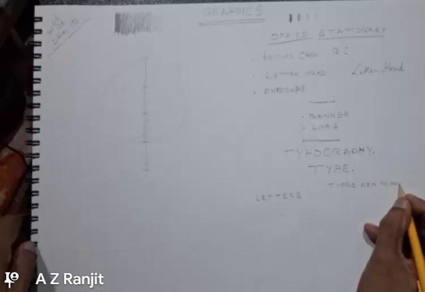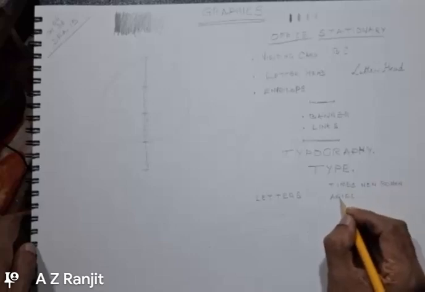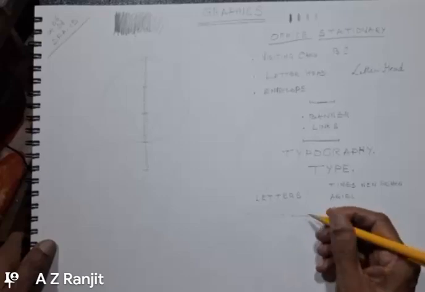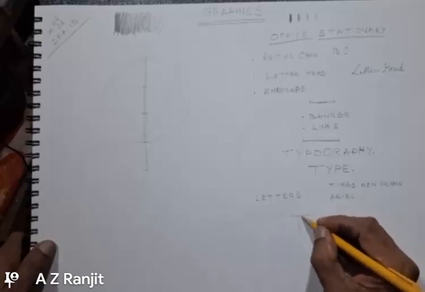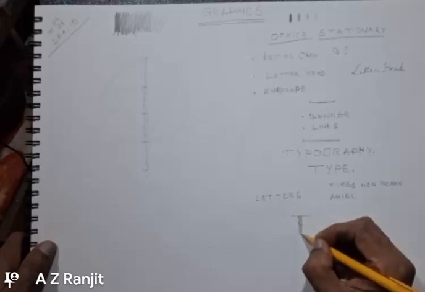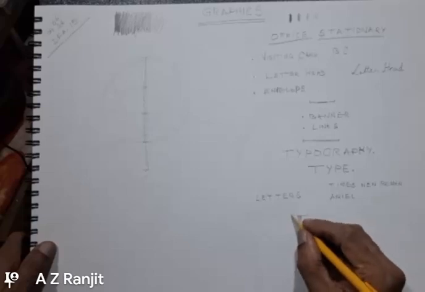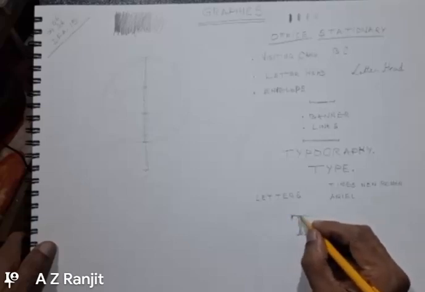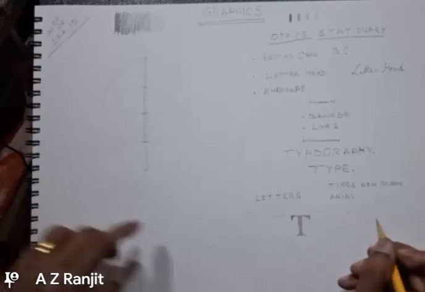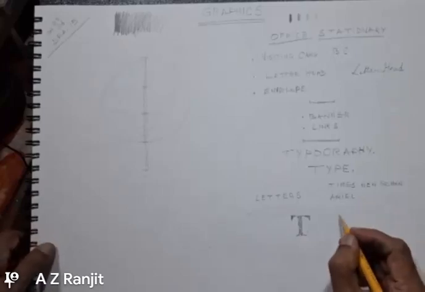You have heard of that, right? Times New Roman will look like this, isn't it? Whereas Arial will look like this.